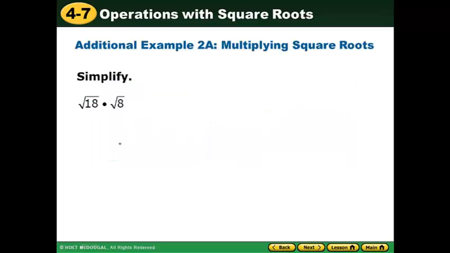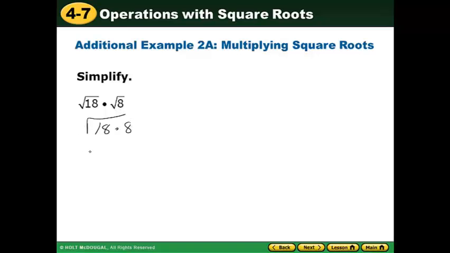Alright, so here's one. What we want to do here is combine them together. Switch to pen. So we can just put them under one big umbrella. So 18 times 8 is 144.